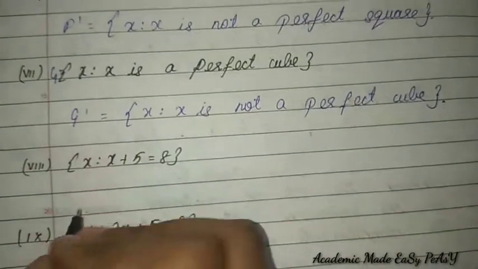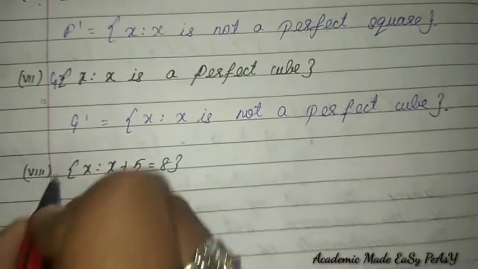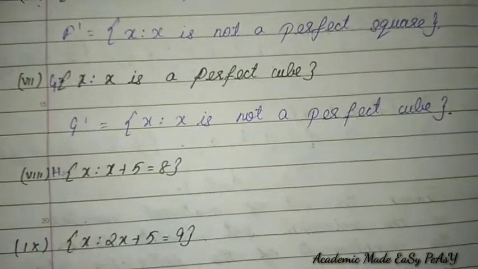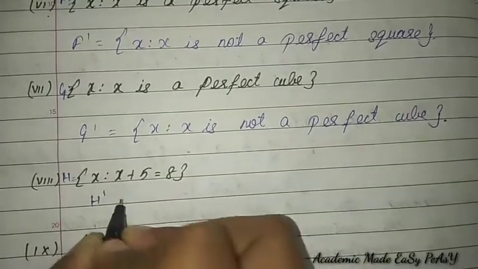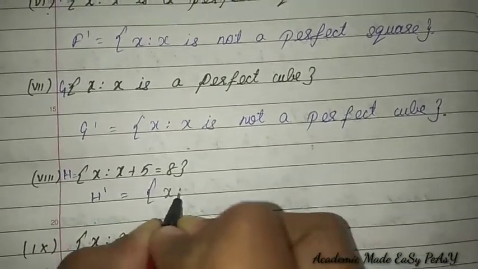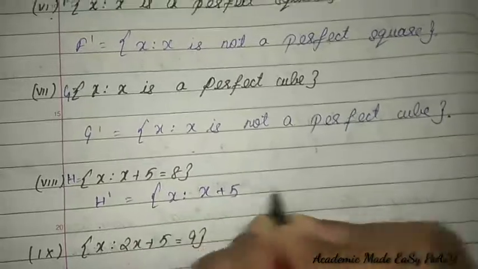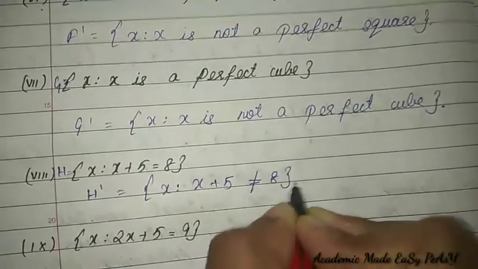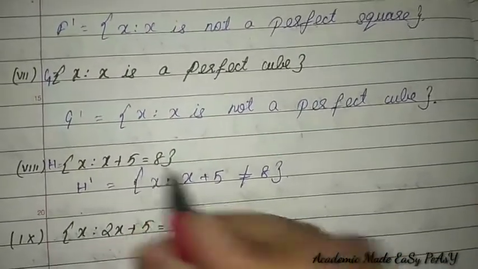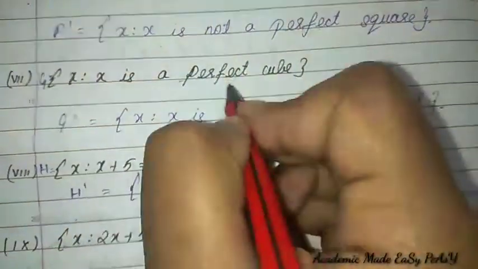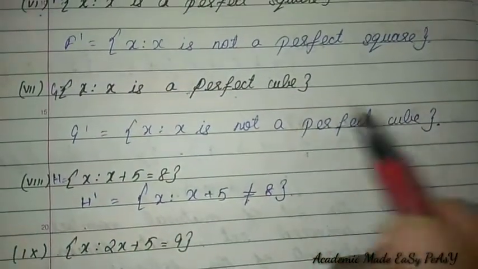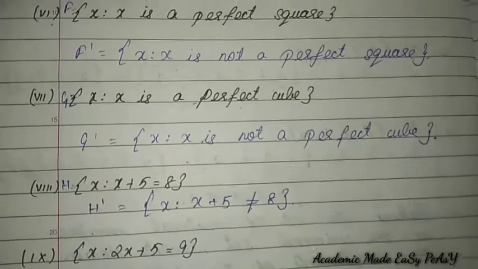Then here, let this be H. So what will be the complementation of it? So x such that x plus 5 is not equal to 8. Just the opposite. Here equal means you're not equal. If this is a perfect square, it means it's not a perfect square, or perfect cube.